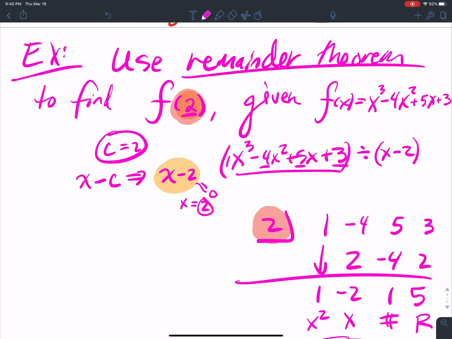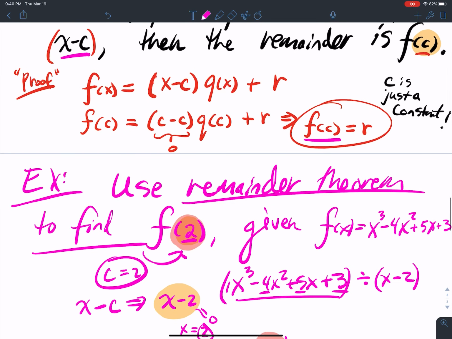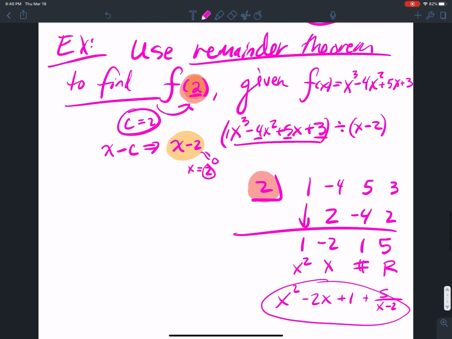I'm trying to use the remainder theorem to find f of 2. F of 2, which is f of c, is equal to the remainder. So the only number that matters here when I work through this problem is my remainder. The remainder is 5. Therefore, f of 2 is equal to 5.